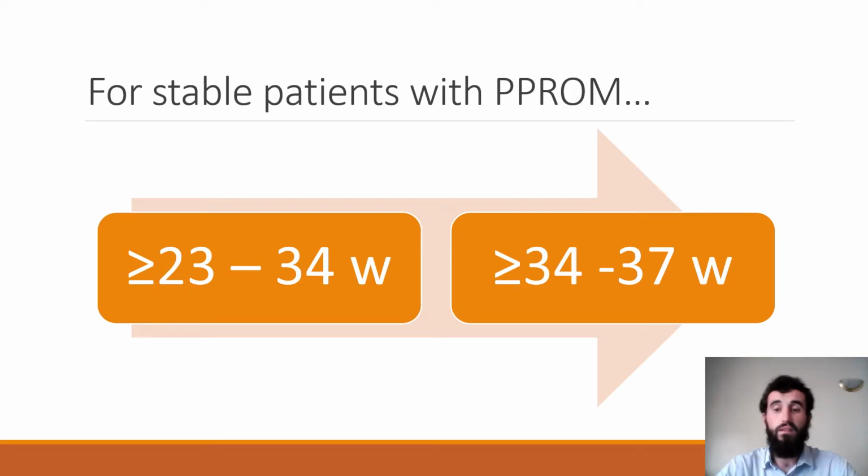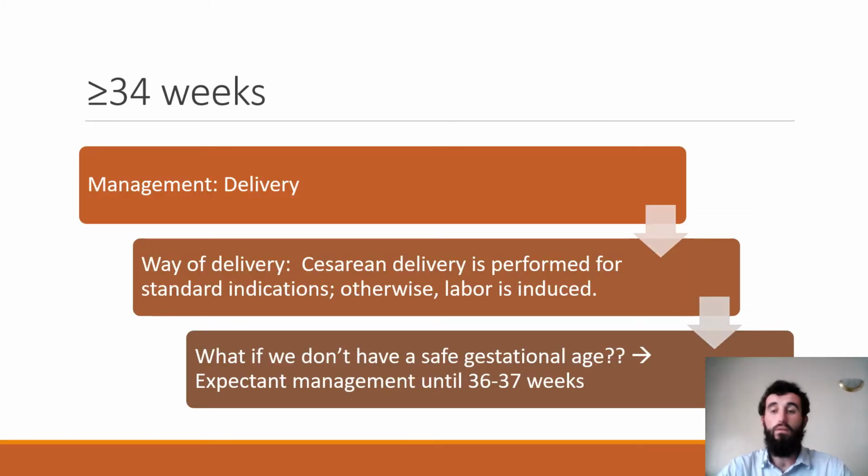But we will see the different management. So first, over 34 weeks and under 37, the management of the ruptures of membranes is the delivery. Okay, we have to think immediately: this patient has to deliver now.